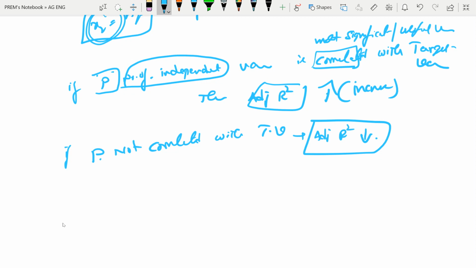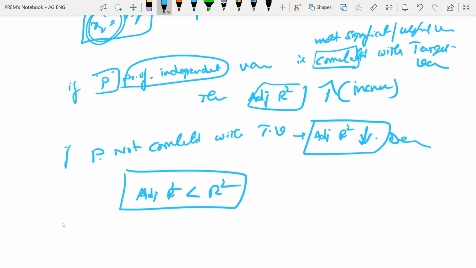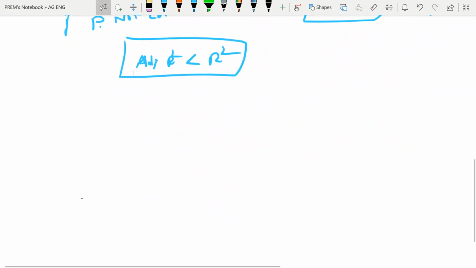If we add a new independent variable which is not useful, which is not correlated with the target variable, then adjusted R square will be decreasing. Which means that adjusted R square is always less than the R square. Adjusted R square value is always less than the R square value. So this is the thing.